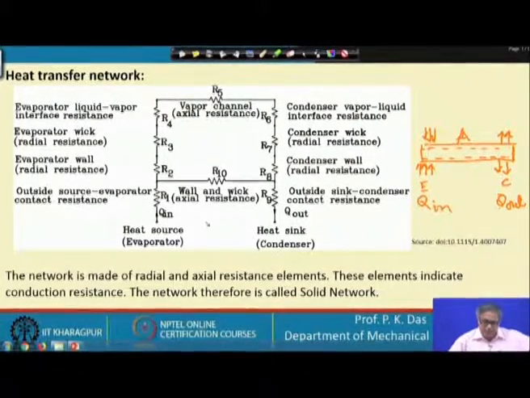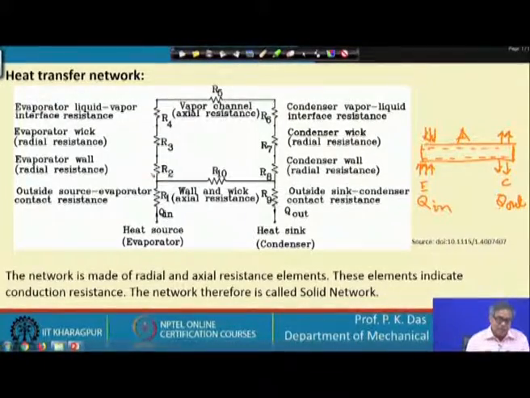One path obviously, if heat enters over here, this is a metallic body. So, some part of the heat will directly go from the evaporator to the condenser through the metallic structure of the wall and of the wick. That is what has been shown by R10, and then there is an elaborate path.